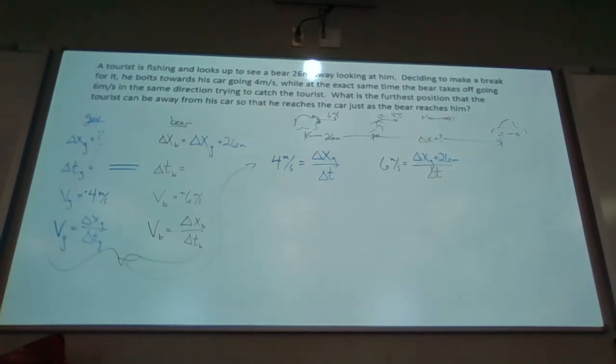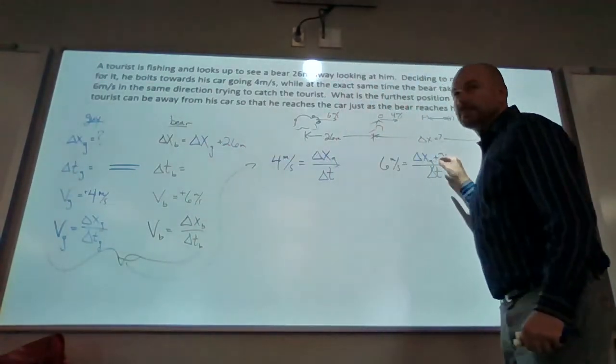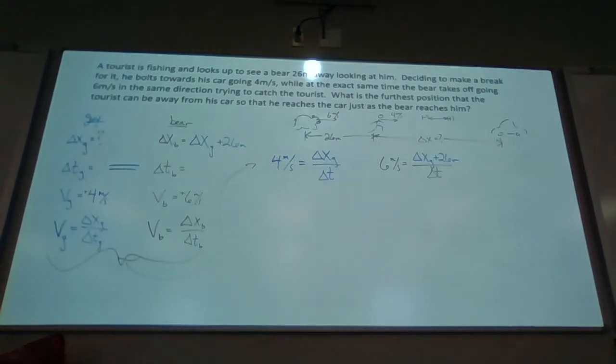Okay, I just substituted in what I had right here as my list of my variables. Now, at this point here, that's the physics part. After that, this is just a math problem.